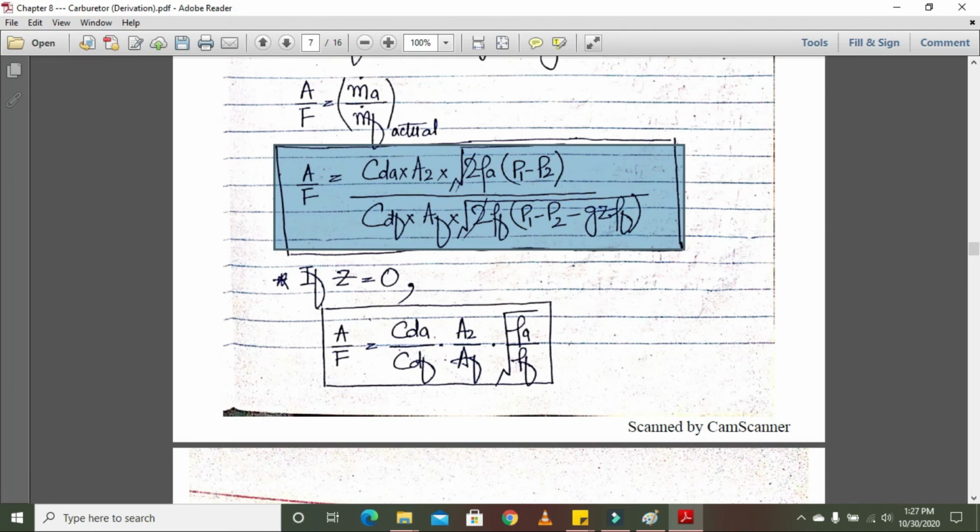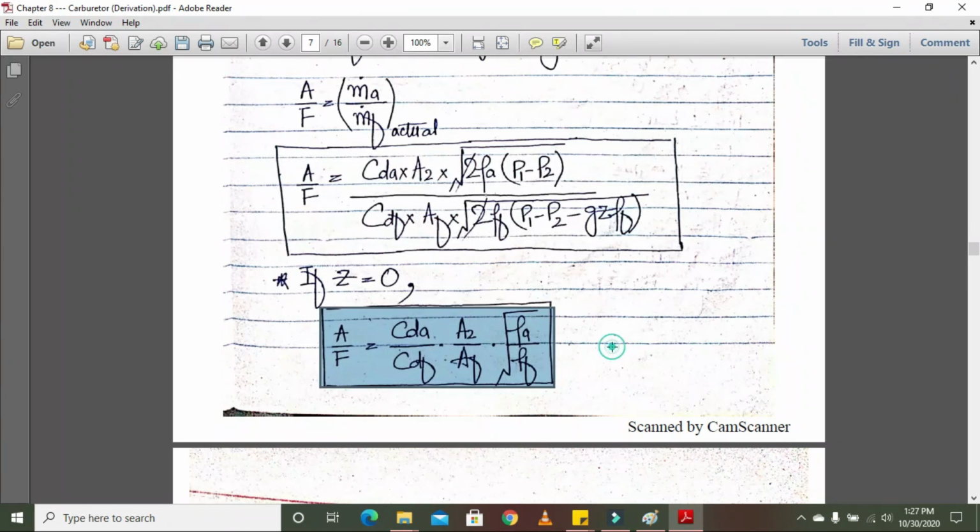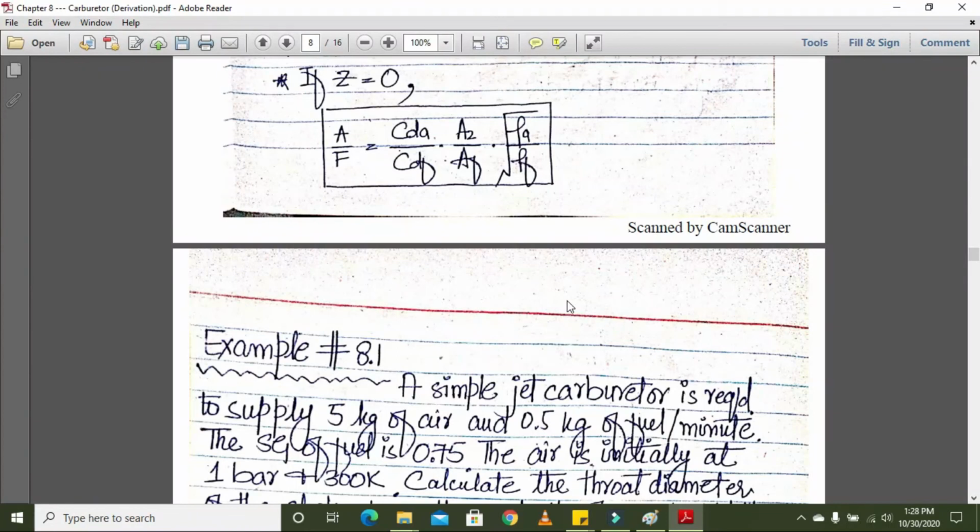And this is the relation where air is considered as incompressible fluid, and not only that, but also the level of the fuel metering orifice is same as the fuel inside the float chamber, or you can simply say when there is no Z, or Z is equal to 0. So this is all from my side regarding the derivation.